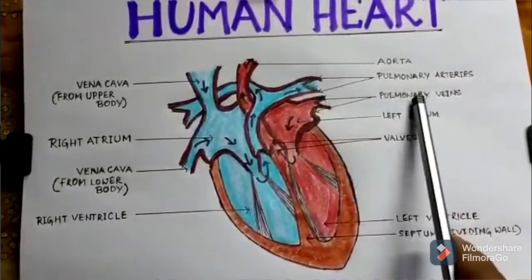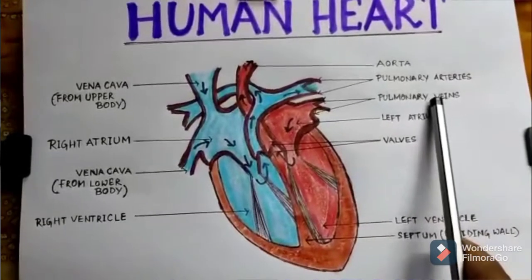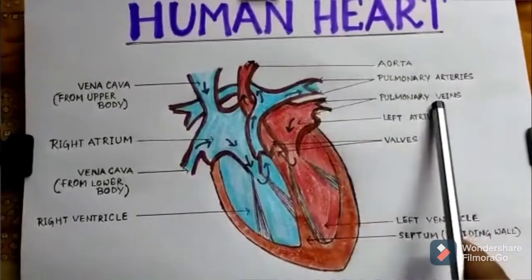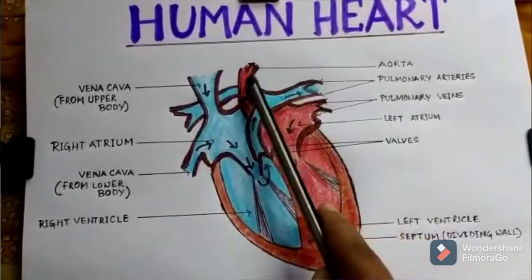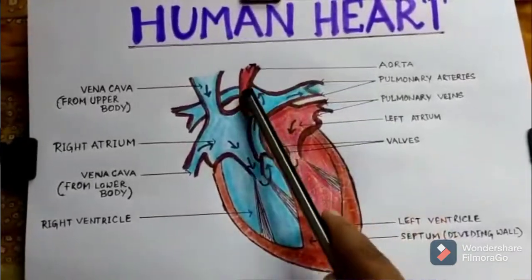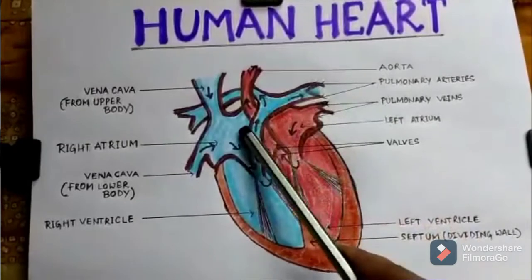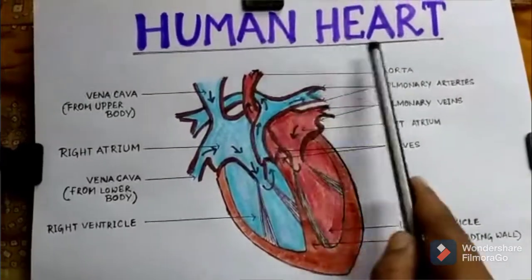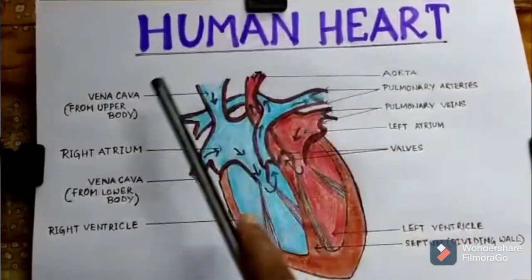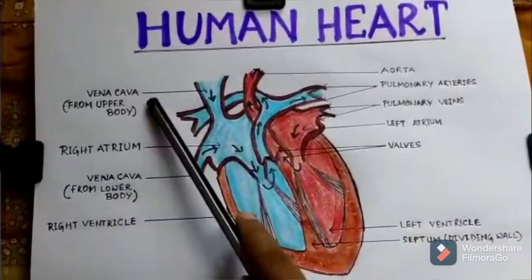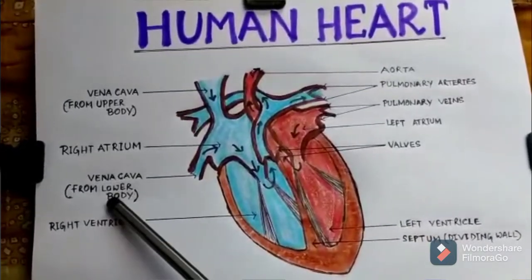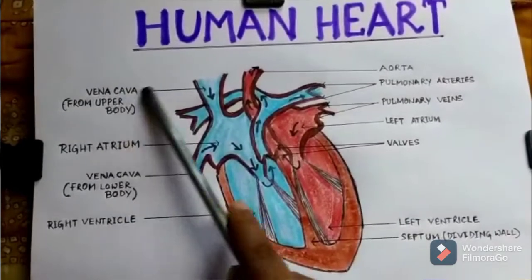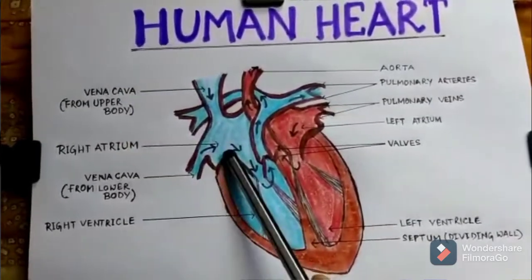The pulmonary vein should always carry deoxygenated blood, but here it is an exception, as it carries oxygenated blood. The aorta is the artery which collects the oxygenated blood from the heart and distributes it to different parts of the body. The vena cava are the veins which collect the deoxygenated blood from the lower and upper body parts and pump it into the right atrium.